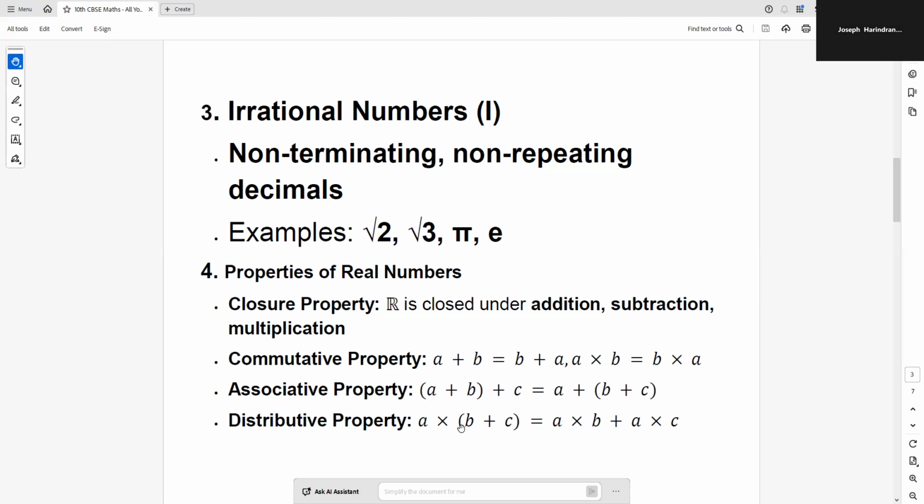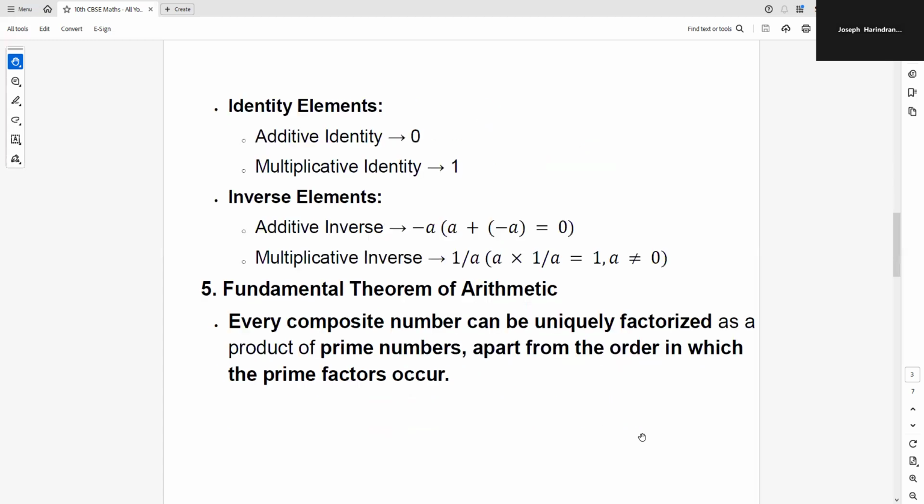Distributive property is distributive over addition or subtraction, distributing A into B plus A into C over addition. It can also be done over subtraction. Distribution of multiplication over addition or subtraction. This is a very important property. These properties hold good even for integers and other numbers.